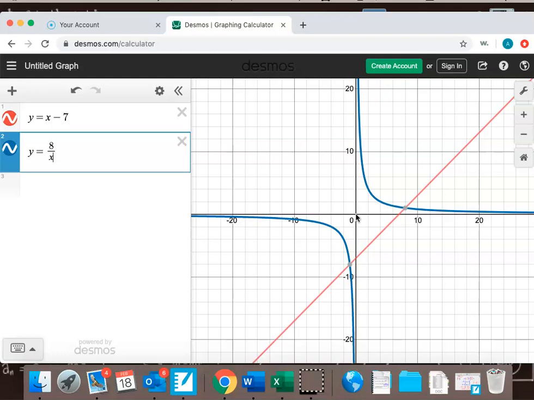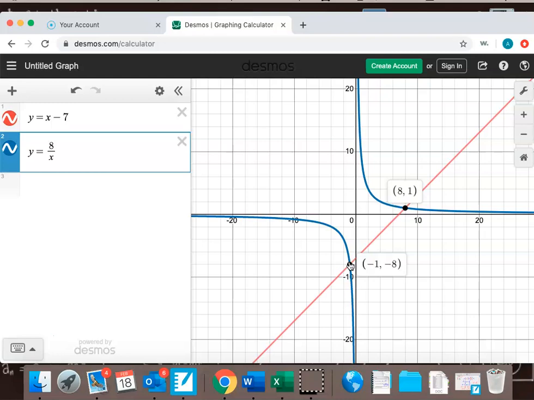If I go closer, it looks like a circle. Now, little trick. See where the two graphs intersect? If you hover over that and click, it tells you that point. Now you go to the other one, and there's your other point of intersection.